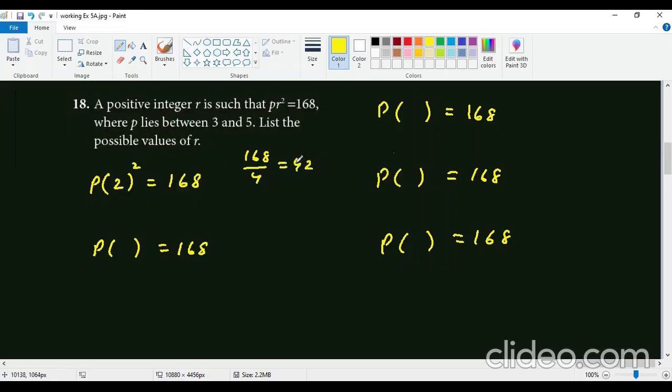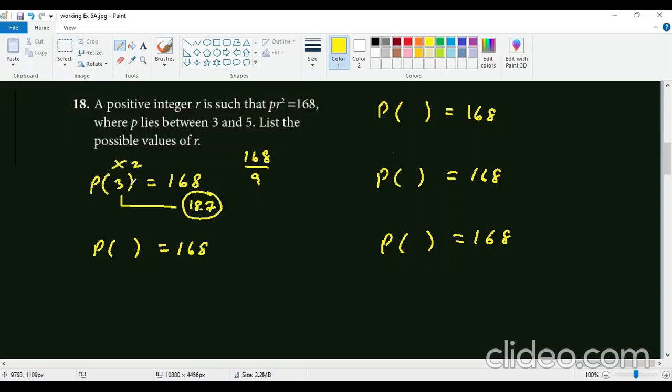We want the values between 3 and 5, so 2 is not the right choice. So I'll go for 3 square. That means 168 divided by 9. 168 divided by 9 is going to give us 18.7 something. So 3 is not the number we want.